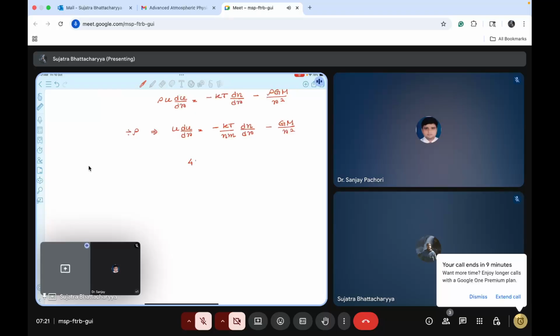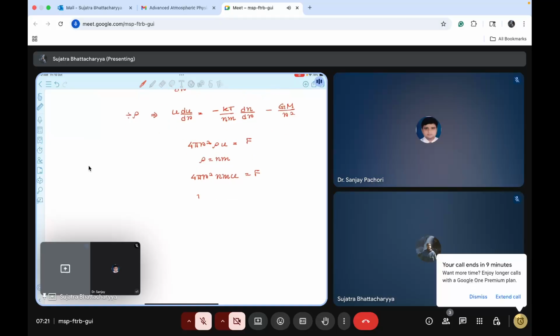We have already seen that 4 pi r squared rho u is constant. I am writing that as F, and rho is equal to nm. We have seen 4 pi r squared n m u is constant F, therefore can we write n as F divided by 4 pi r squared m u? Yes, you can write.